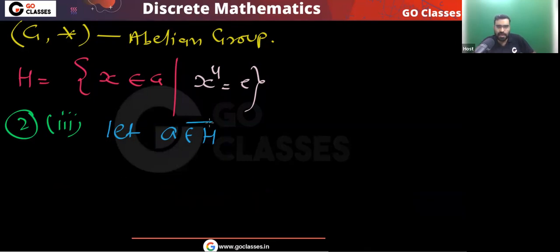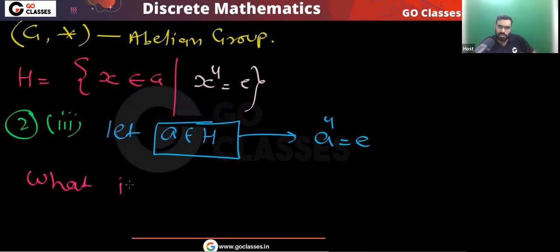If A belongs to H, then it automatically means that A power 4 is equal to E, the identity element. Now you just check this. What is A power minus 4? What is A inverse power 4?